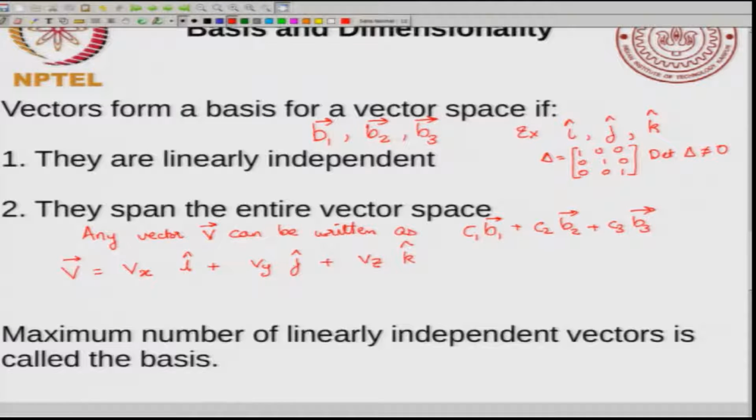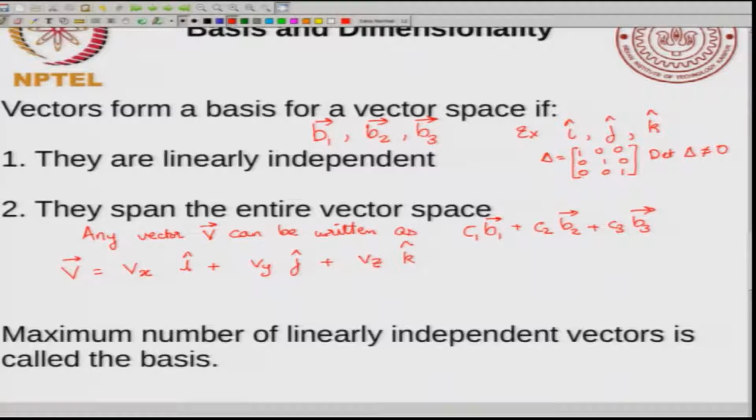Vx, Vy, Vz are scalars. So, you wrote this vector as a linear combination of i, j and k. That means i, j, k span the entire space and form a basis in this vector space. They are linearly independent and they span the entire vector space. So, any vector in the vector space can be written as a linear combination of i, j, k. So, that is in 3 dimensions.